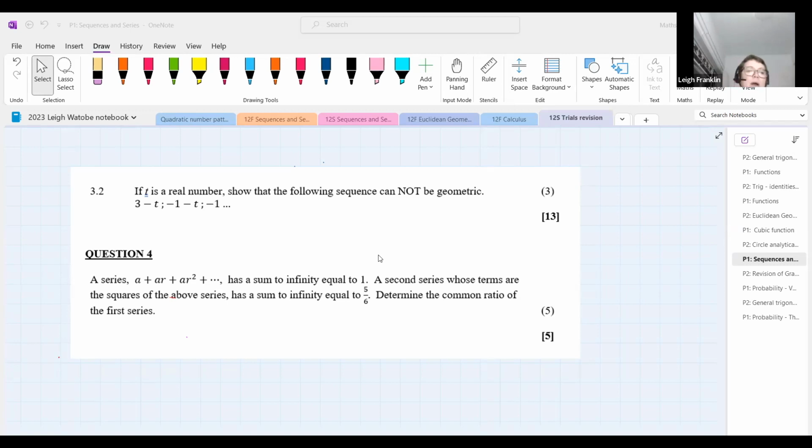In question 3.2 it says if t is a real number, show that the following sequence cannot be geometric. So this is something a little bit different.